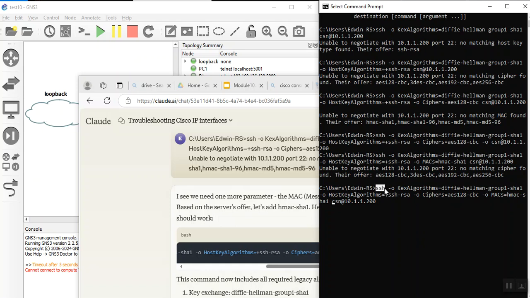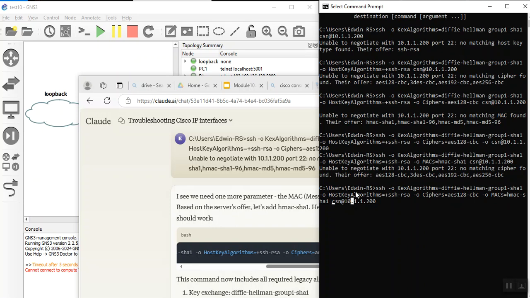SSH is the command to a secure shell to log in. -o, it's an option. We're gonna force the KEX algorithm based on Diffie-Hellman group SHA-1, which it told us was a problem at first. Then the next problem that came up was the host key algorithm, right? That's unable to, here, no matching host key found.